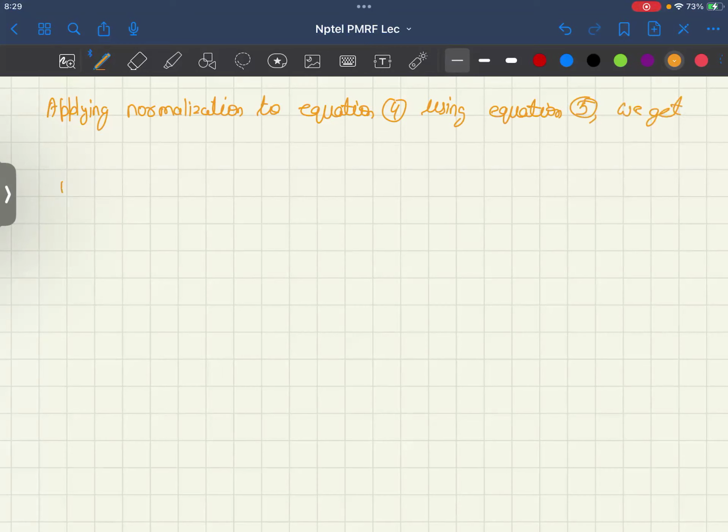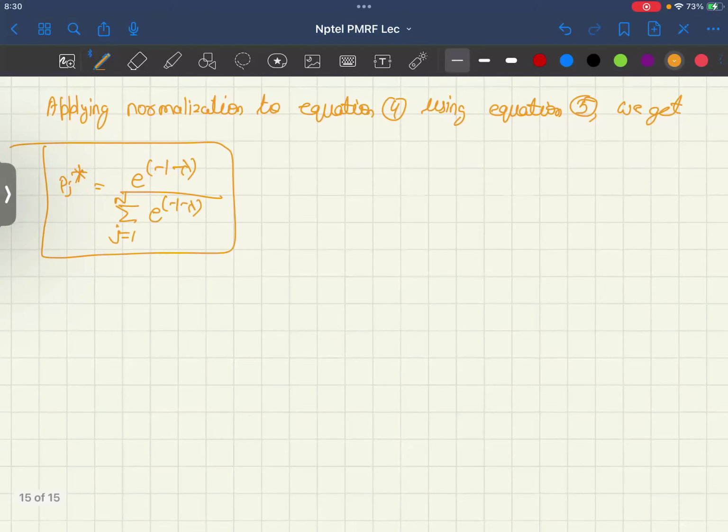We get pj star is equal to e to the power minus 1 minus lambda divided by summation j is equal to 1 to n of e to the power minus 1 minus lambda. Hence proved, right?